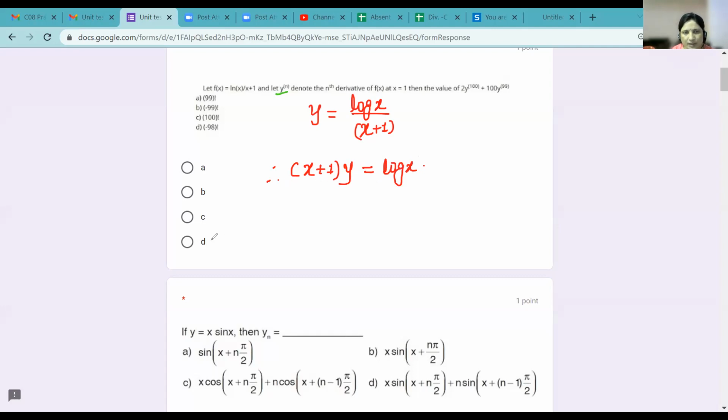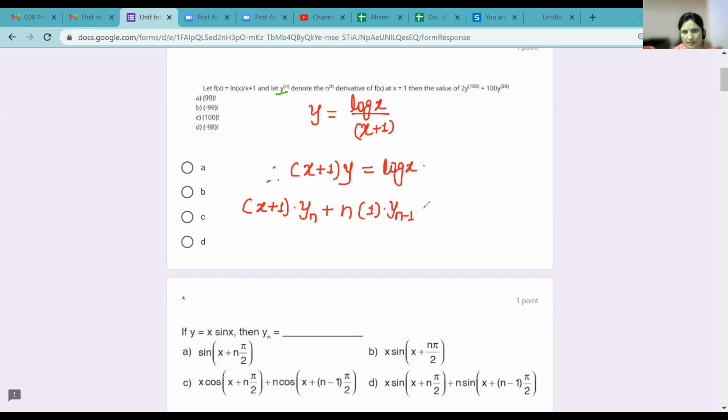So here applying that u into v, if y is equal to u into v, then the nth derivative of y_n by using Leibniz theorem. So here x plus 1 as it is into nth derivative y_n plus n into the next derivative of x plus 1, that is 1, into the previous derivative y_(n minus 1).